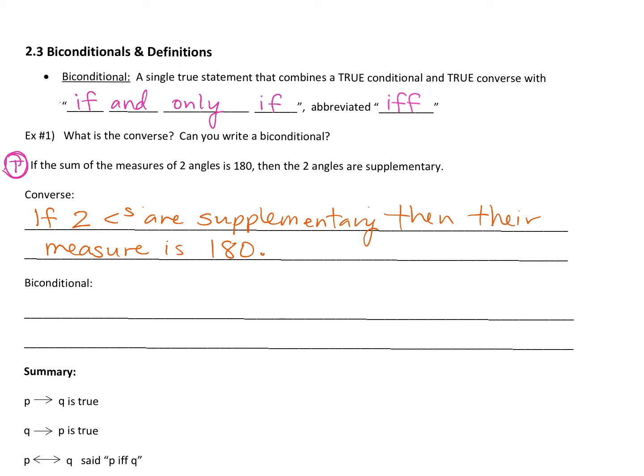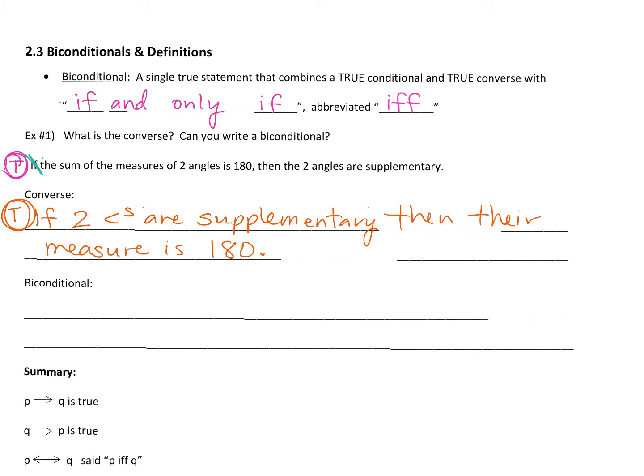Okay, is that true? Yes, that is true. So here's the thing. When both are true, the conditional and the converse, rather than write a conditional and a converse, we can write one statement. It takes out the if, it takes out the then, and it puts in an if and only if. Okay, so let me show you up here.